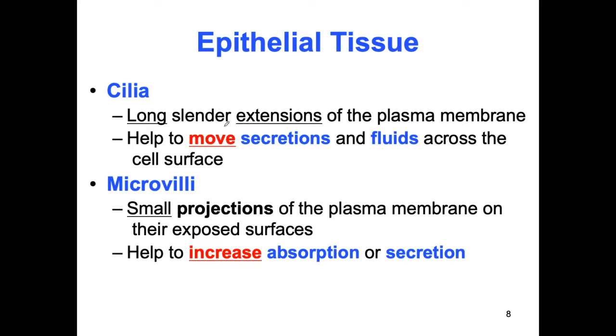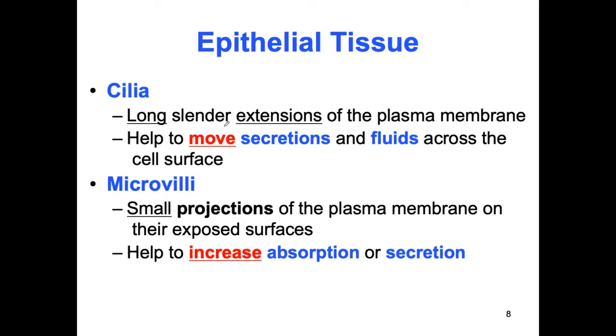But it also can happen in the fallopian tubes or the uterine tubes of a woman, where within those uterine tubes there are also cilia that are beating rhythmically to move the sperm towards the egg and the egg towards the sperm. Pretty neat how that works.